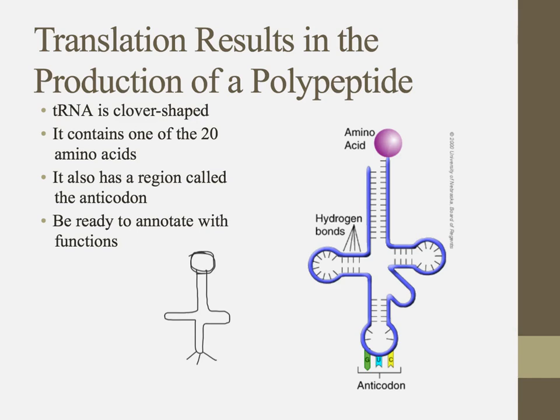So let's go ahead and annotate here. Again, this is tRNA. And this is the amino acid. And this is called the anticodon.